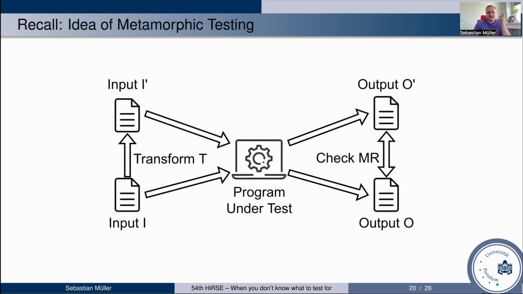So if we recall this idea of how we do metamorphic testing, and I'm already excusing the next slide, I'm very sorry, I'm going to bombard you with a bit of maths. But if you just keep this image in mind while we look at the maths, you will be fine.